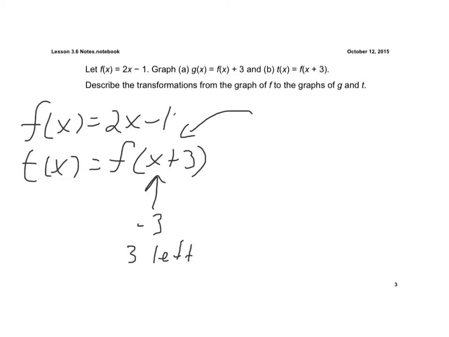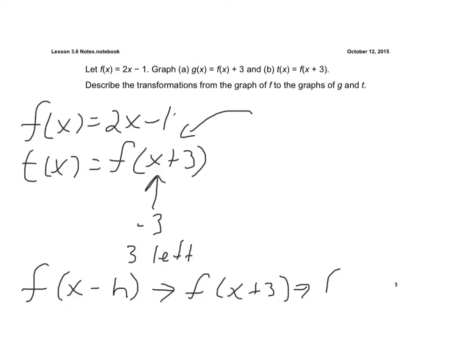Now, if you think about it, the original form was f of x minus h, and so to make f of x plus 3 in that form, we'd have to write it as f of x minus a negative 3, and so that's also why it's 3 to the left.